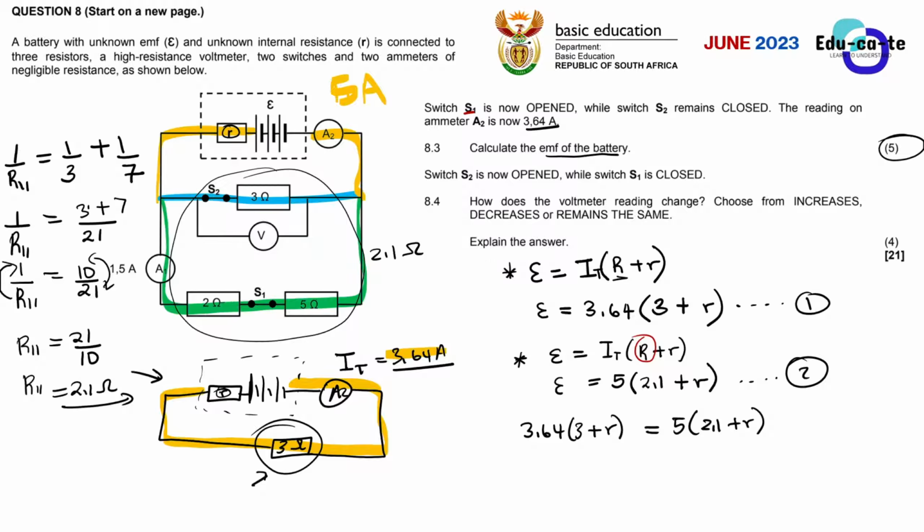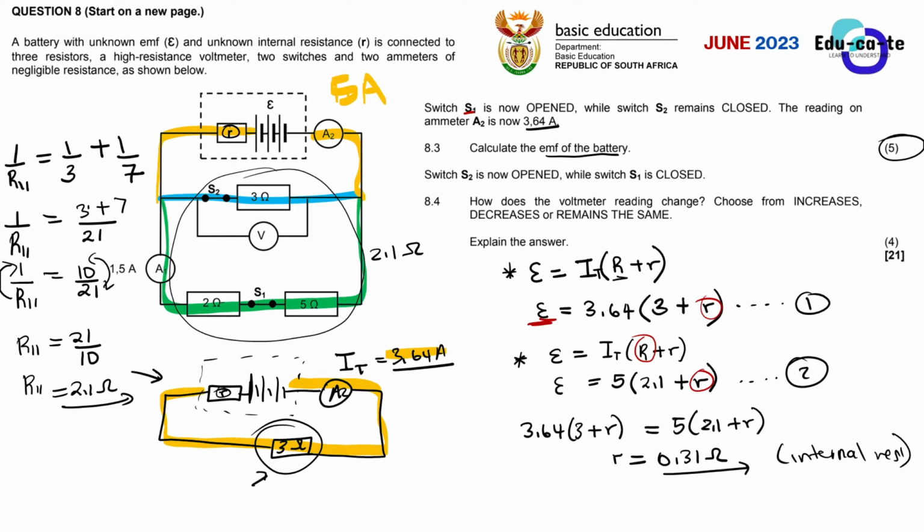So now you just have to solve for R using your fancy mathematics. I'm not going to do the whole process. The value of R here is going to be 0.31 ohms. So this 0.31 ohms is the internal resistance. For you to find the EMF, you can substitute this R into any one of these equations.